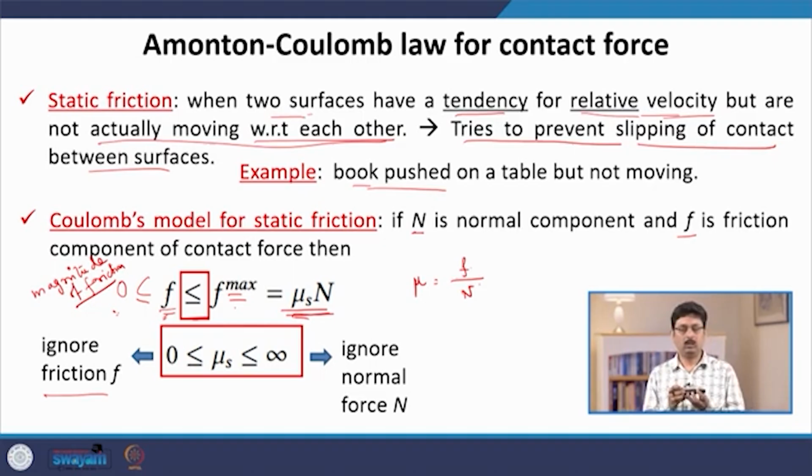Think of two surfaces which are glued to each other. We apply some gum to glue one surface to another, like when you put some gum and close an envelope. In that condition, because of the presence of this adhesive, like sellotape or something, the frictional force, the horizontal component, is extremely high.